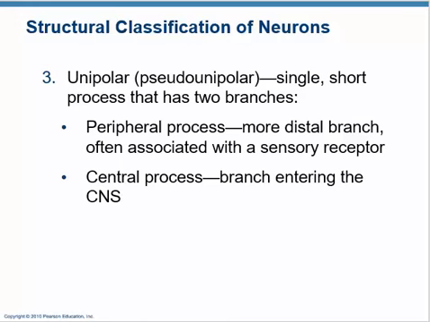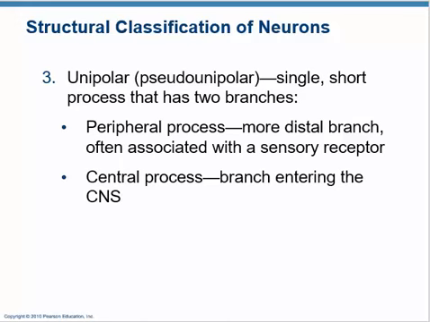Most of the rest of the sensory neurons, all of the afferent neurons, are unipolar. So there is only one thing that goes to or from the cell body, and that process has two parts to it: the peripheral, which goes distally, and the central, which ends up going to the central nervous system.